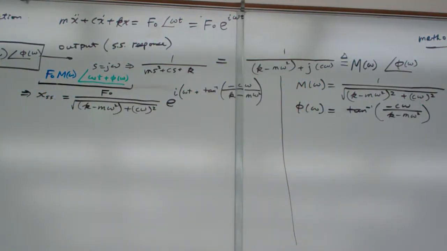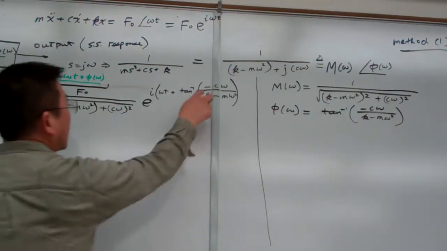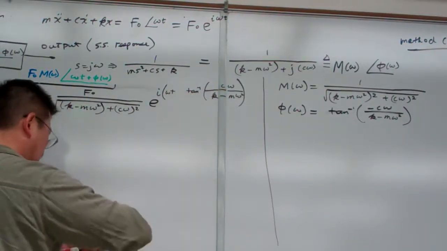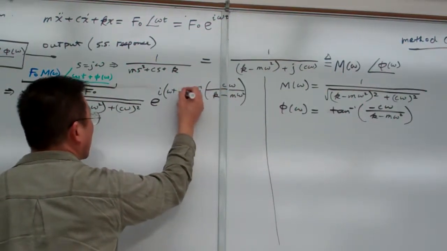You good? Okay. So here we have a minus, because arctangent of minus something equals minus arctangent of something, so we get a minus something over here.